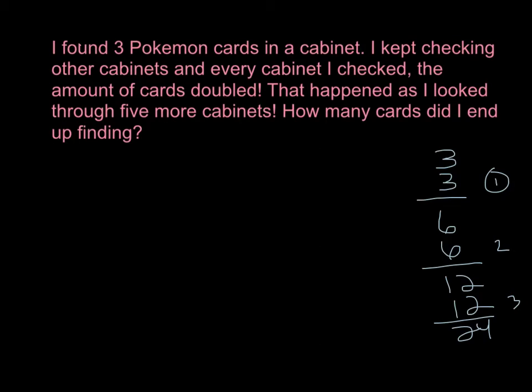You have 3 cards. This part I do want you to copy down. I'll change the color. So you have 3 cards. And what you do is you multiply that times the doubling that's going to happen. Double means 2, right? So it's 2, and it's going to double every time.